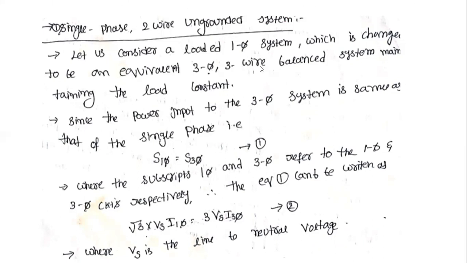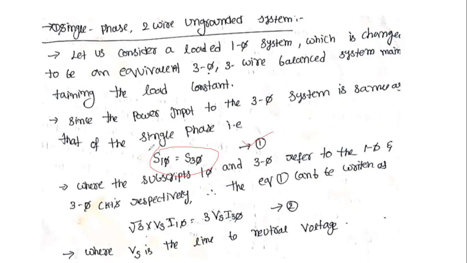That is, S single phase is equal to S three phase. This is equation number 1, where the subscripts single phase and three phase refer to the single phase and three phase circuits respectively.